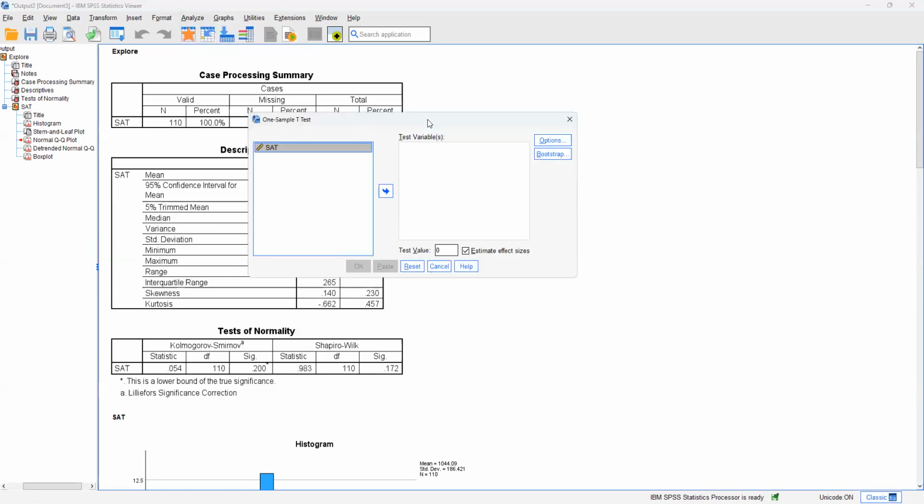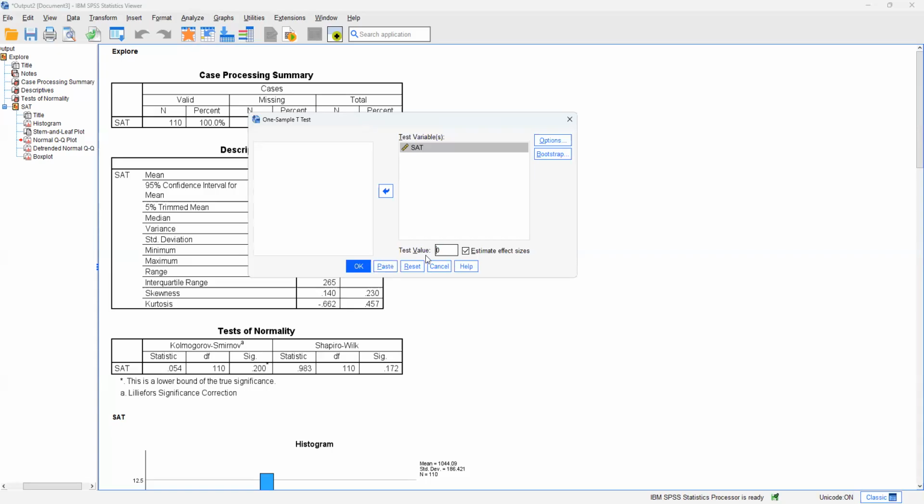From there, I'm going to move the SAT variable to the test variable box. And right now the default test value is 0. The test value is the population mean or the standard or the criterion that you want to compare your sample mean to.